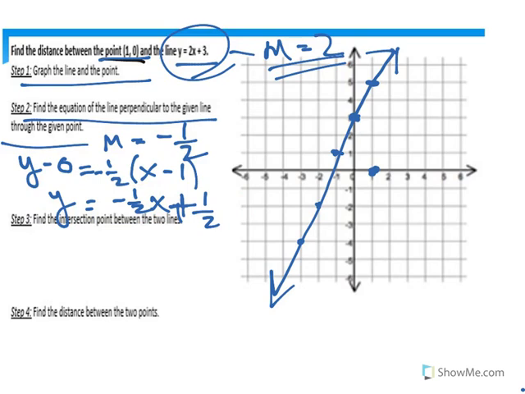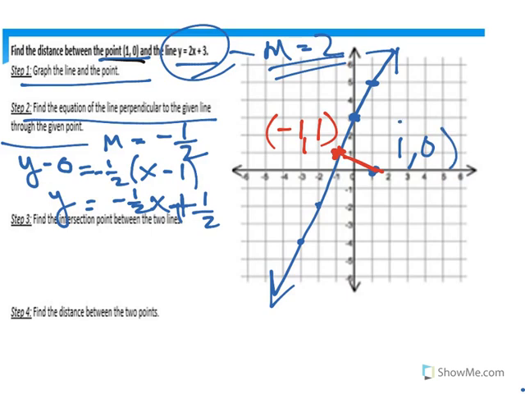Let's go ahead and take step number 3. Find the intersection between the point and the two lines. So if I were to draw this red line right here, sorry, that's not very straight, that point right there that these lines intersect, the intersection point would be negative 1, 1. This is so important because remember, this point over here is 1, 0.